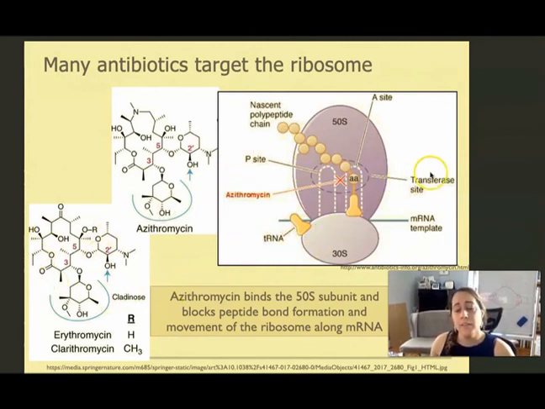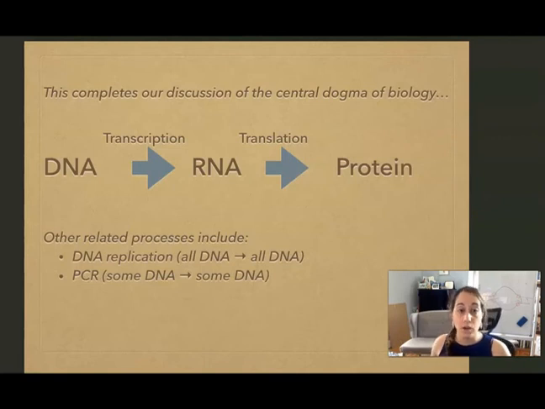So again, this is an example of one type of antibiotic which targets the function of the ribosome in bacteria. And again, it only targets bacterial ribosomes because of the size, shape, and chemical differences between the bacterial and the eukaryotic ribosomes.